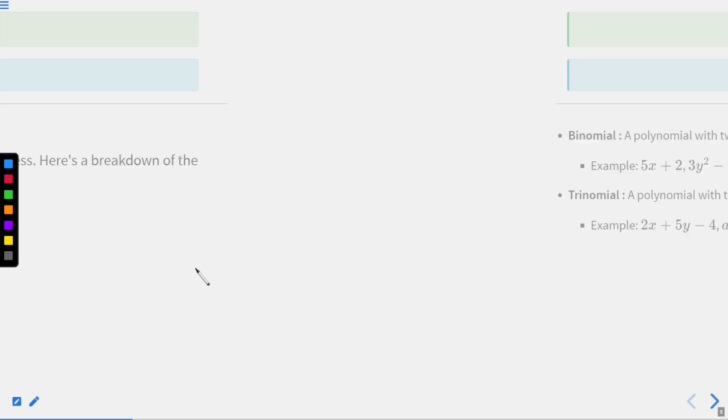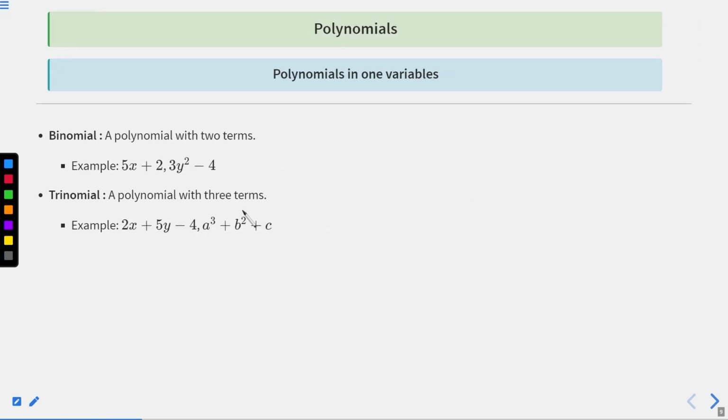The next type is binomial. A polynomial with two terms is called a binomial. Bi means two, and binomial means a polynomial with two terms. For example, you can take 5x plus 2.